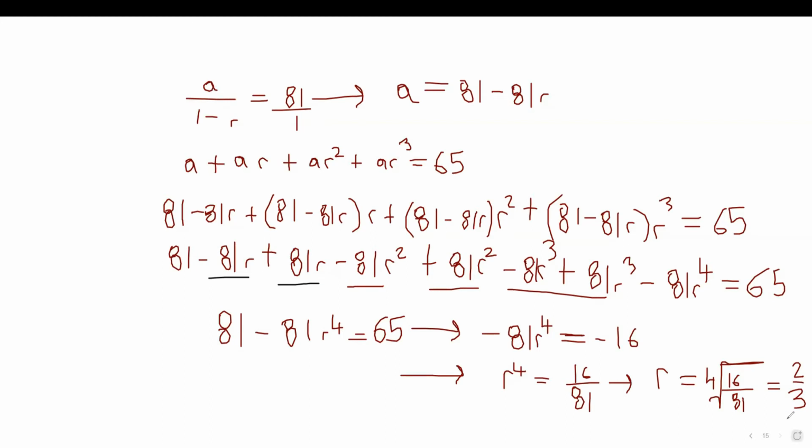So we can sub back in here. Remember that A over 1 minus R, which is 1 minus 2 over 3, is 81. Subbing into the first equation. So 1 minus 2 over 3 is 1 over 3. So we get A over 1 over 3 is 81.